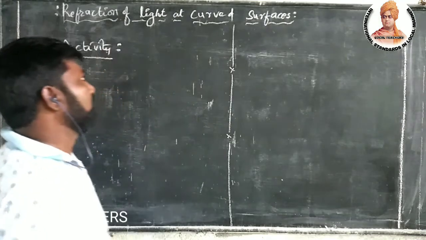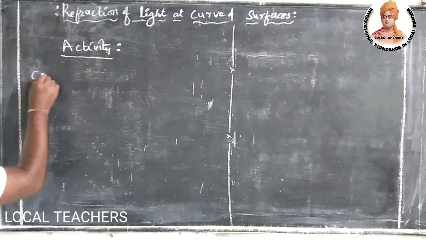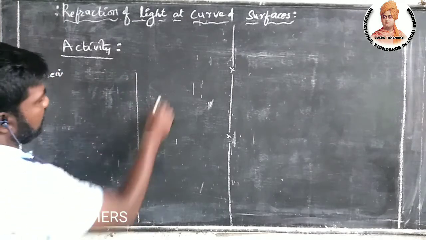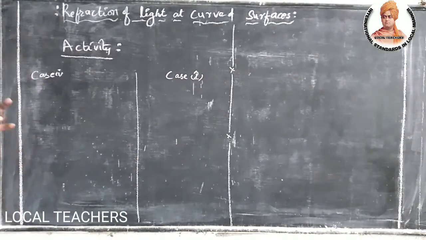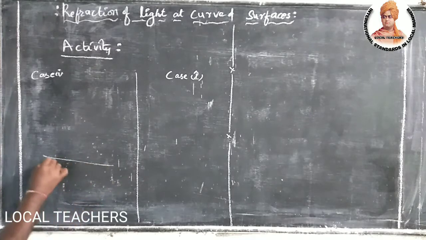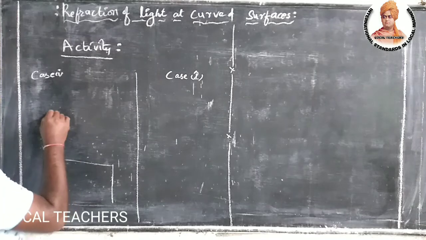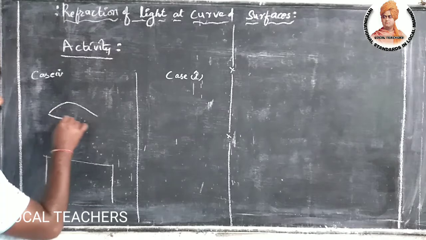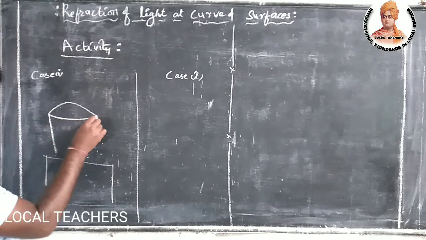For clear analysis, we are considering case 1 and case 2. In case 1, we are considering one table. On that table we are placing the tumbler glass, which is in a cylindrical shape.